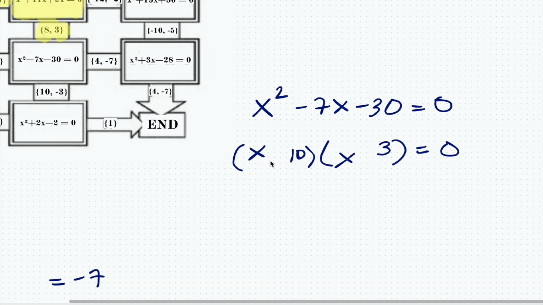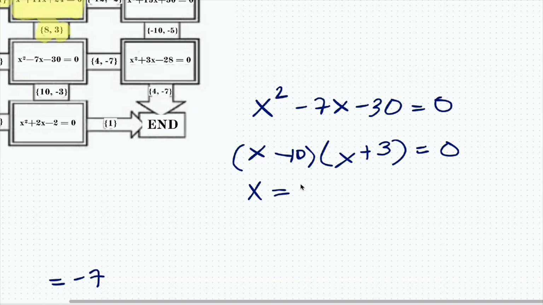I think one of them must be negative and one of them must be positive. Let us use this one, because the middle coefficient here is negative, so the bigger number here is negative as well. So negative 10 times 3 is negative 30, which is correct. Negative 10 plus 3 is negative 7.